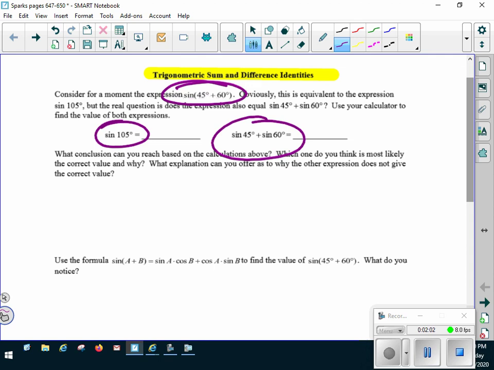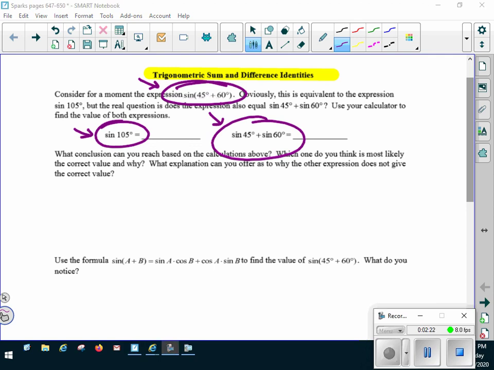Okay. Now here's what I want you to do. I want you to do 3 operations on your calculator and don't erase, don't clear. I want you to put this on your calculator, figure out what it is, then this, and then this. And I want you to tell me which ones are the same.